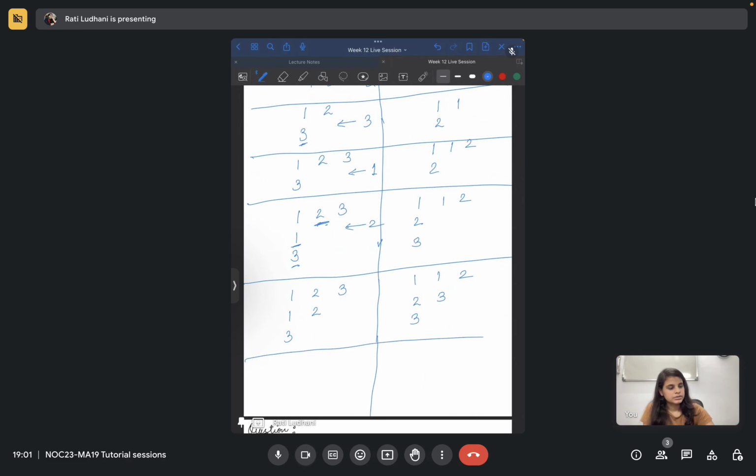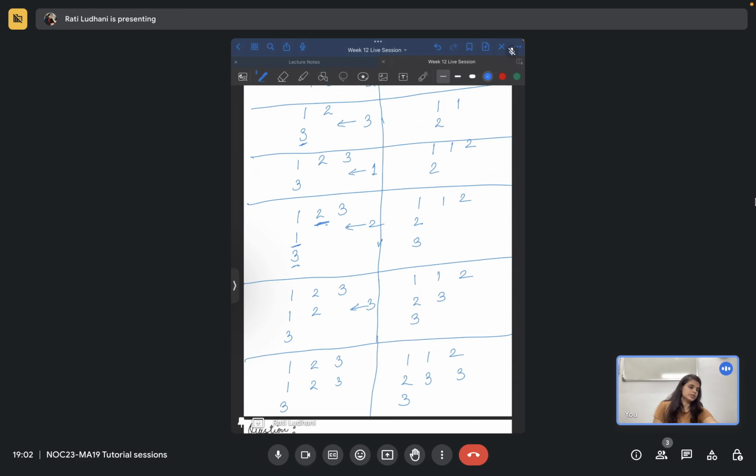Next we insert 3. We have to insert 3 now: 1 2 new 3, and in the second row everything is less than 3 only. So 1 2 3. This side is 1 1 2 2 3 3 3.